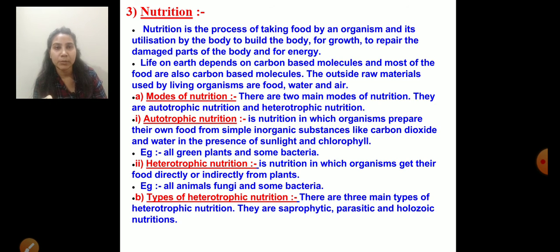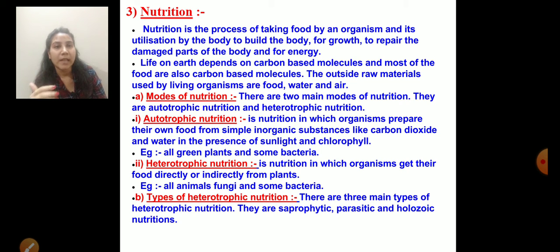Utilization means the food we intake is broken down into smaller pieces and absorbed in the blood. In this way it is utilized to build the body. For which purpose? First is growth, second is repair of the damaged part of the body, and for energy.